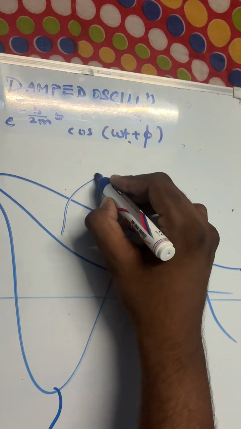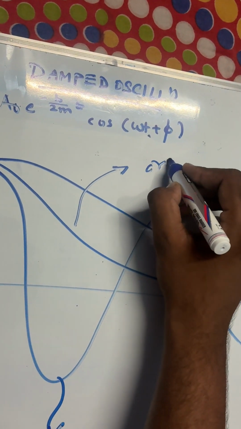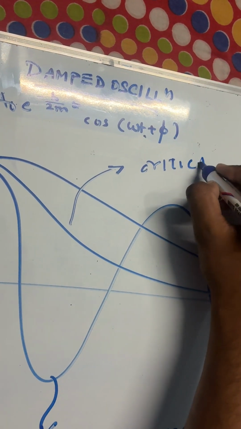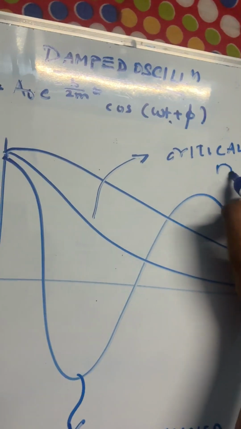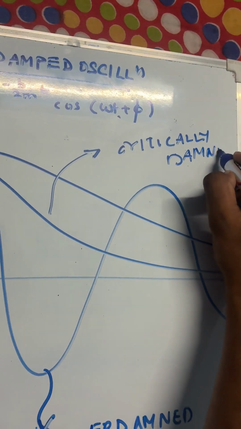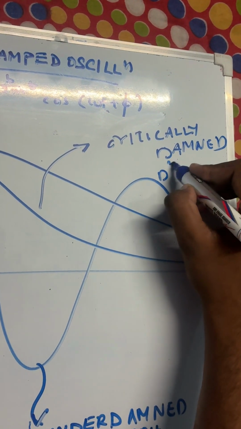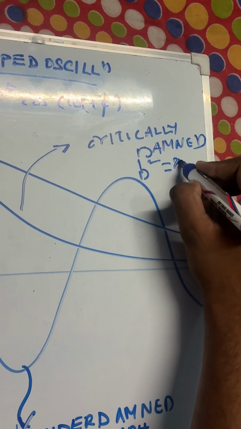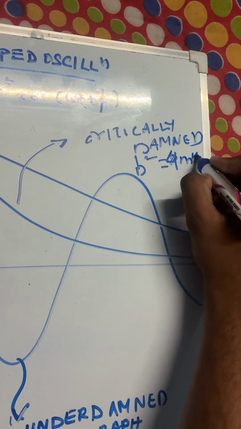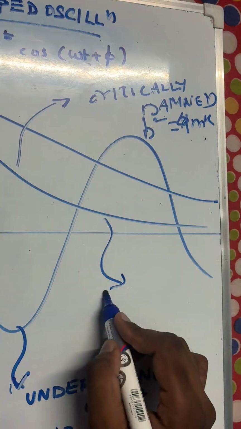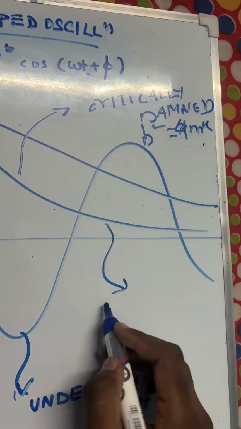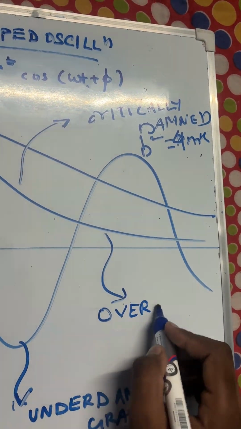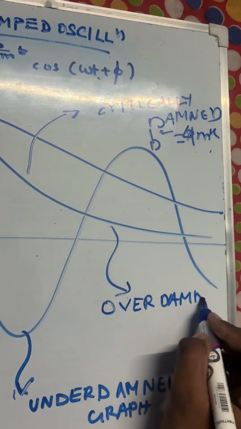This graph represents critically damped. Here b squared equals 4mk. This one is the overdamped graph.